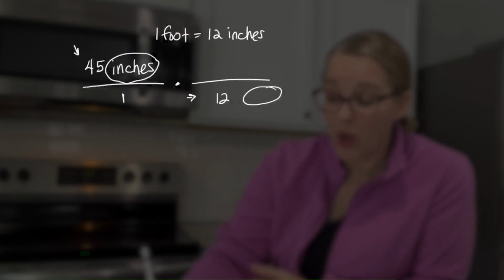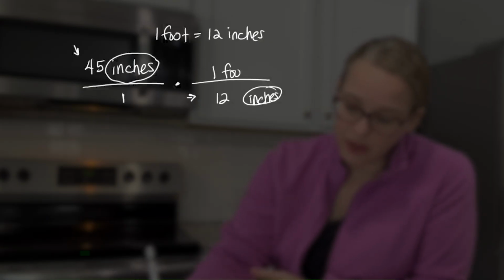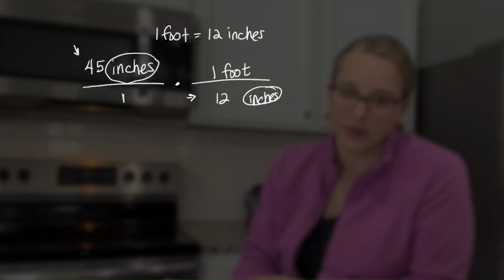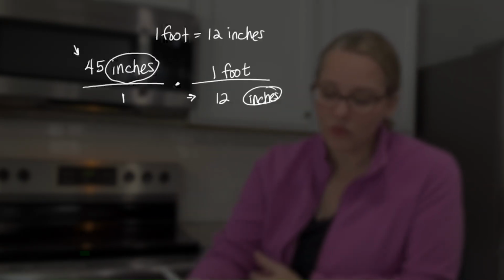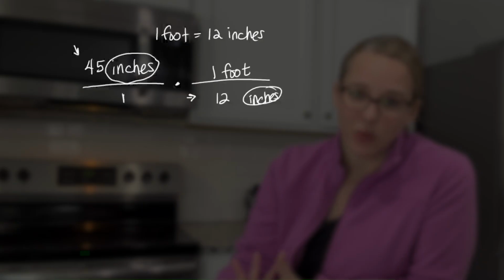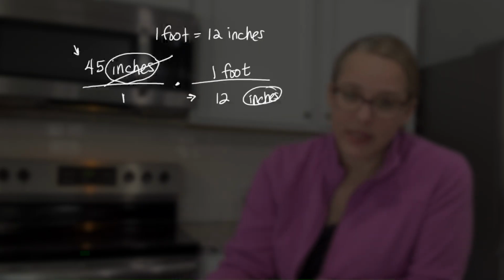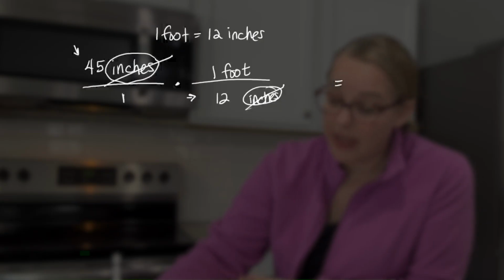So we're going to put our 12 inches here. And then we learned that what goes on the other part is the other part of the conversion factor, so 1 foot. The way that you can remember which way it needs to go is because in algebra, if you have something on the top in a multiplication problem and something on the bottom, you can cross it out, right? So I can cross out inches over here, and I'll end up with feet in my answer.